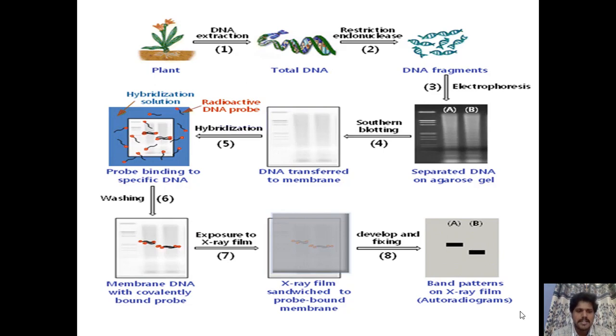The membrane DNA with the covalently bonded probes is exposed to X-ray film, sandwiched together with the probe-bound membrane, and then developing that X-ray film will give bands at the 8th step. If you observe, the banding patterns on X-ray film look like that, A and B. These are called autoradiograms.